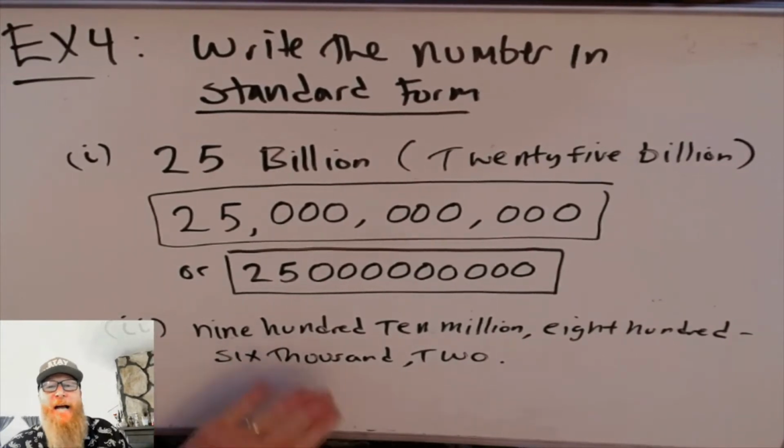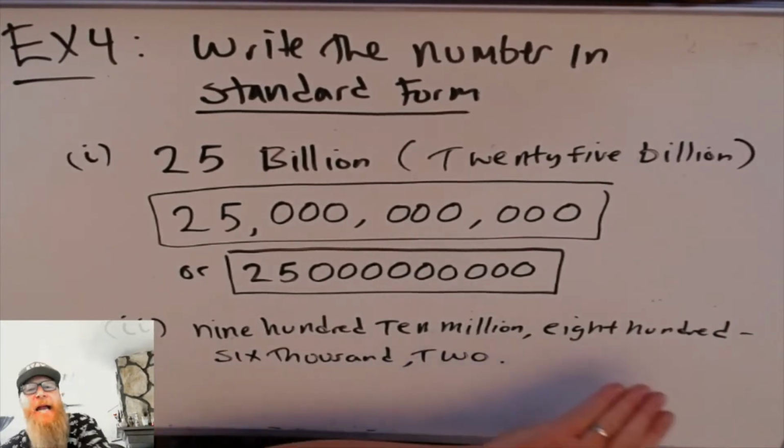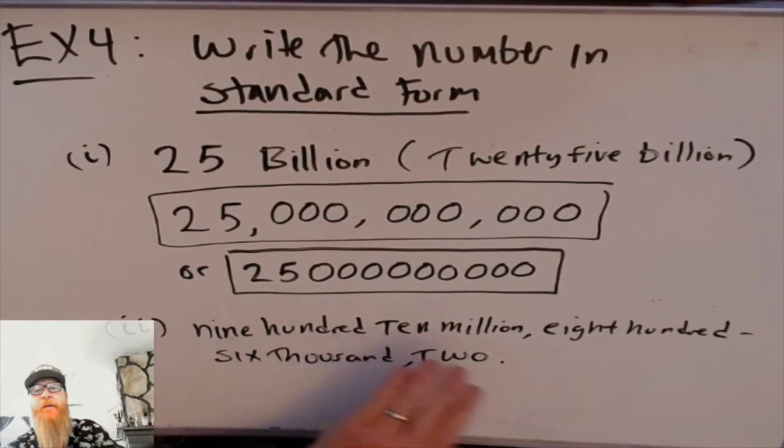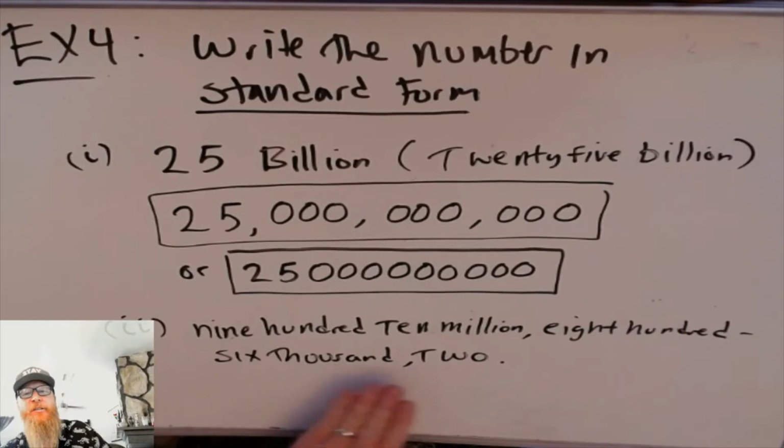Again, we don't say 910 million and 806,002. We just don't say it that way. We say 910,806,002.